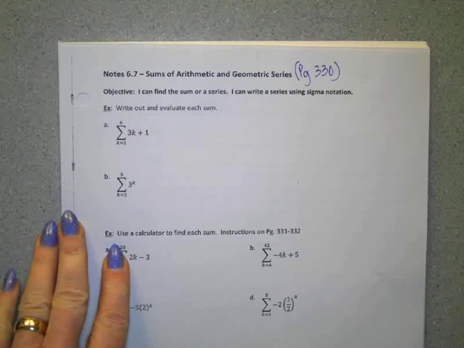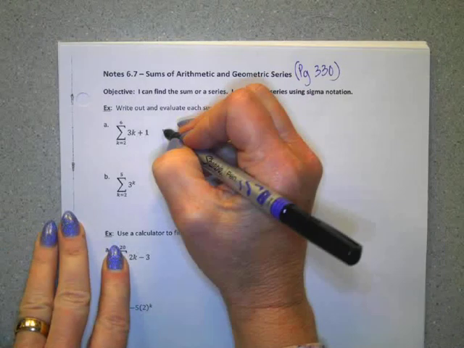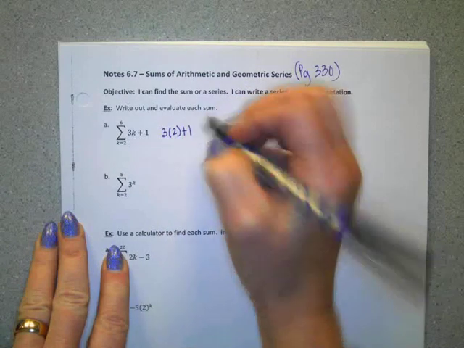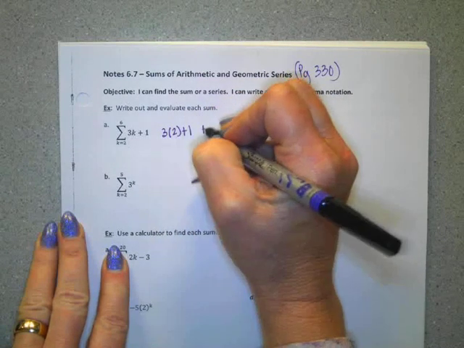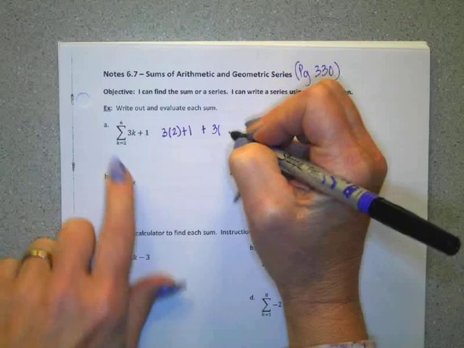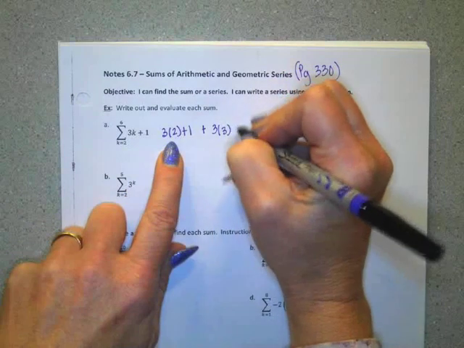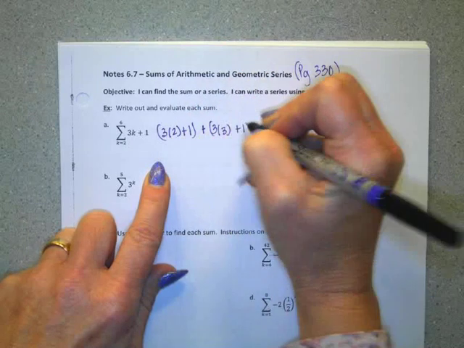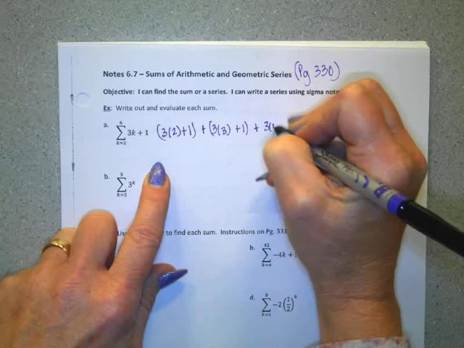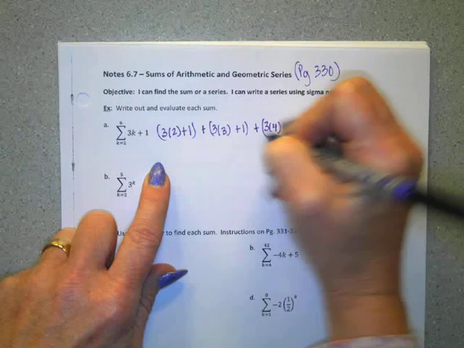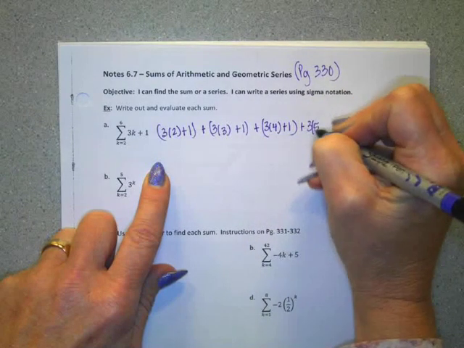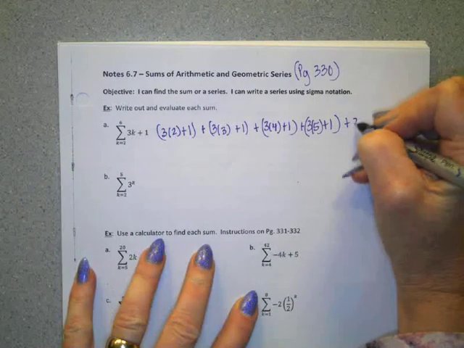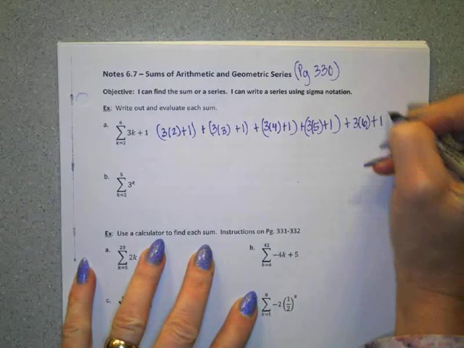So when I write it out, I'm going to have 3 times 2 plus 1, then 3 times, in parentheses so it doesn't confuse us, 3 plus 1, plus 3 times 4 plus 1, plus 3 times 5 plus 1, and then I'm going to end at 6, so plus 3 times 6 plus 1.